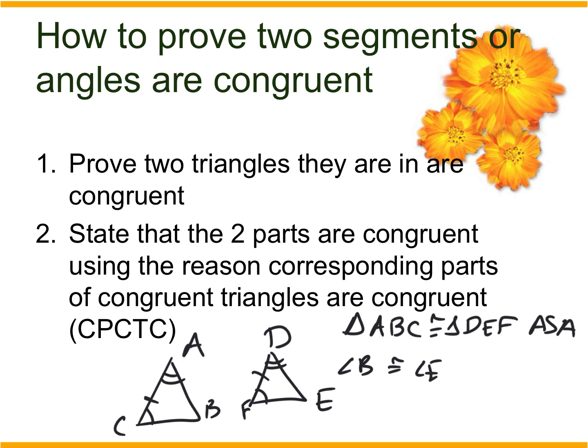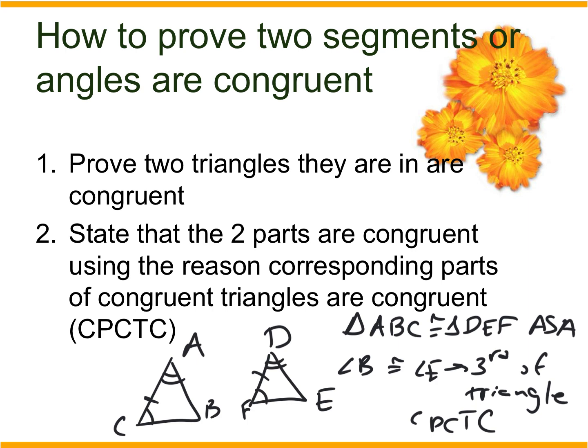I don't know if you guys noticed that it's based on the placement, B and D. Sorry. So we can say that those two angles are congruent because they're the third angle of the triangle, or we can say it is CPCTC.